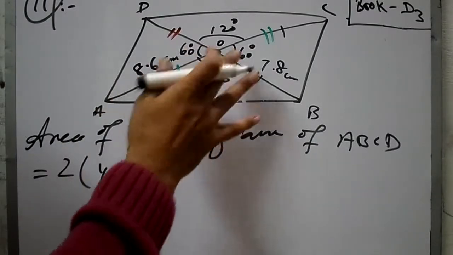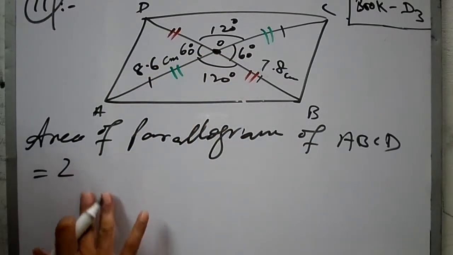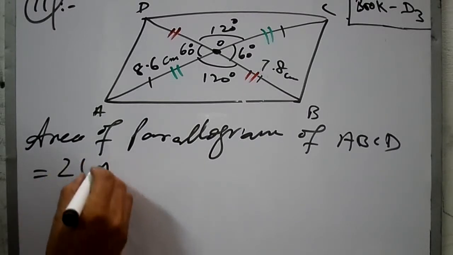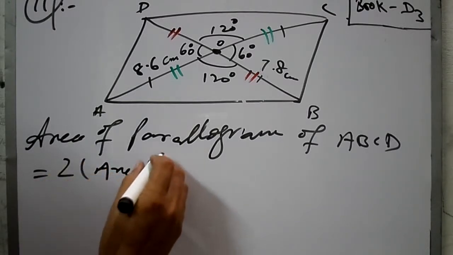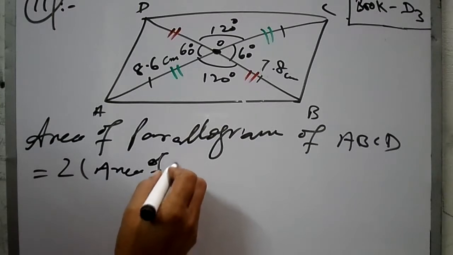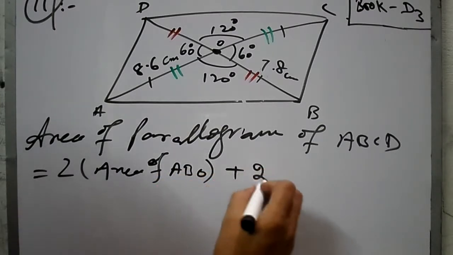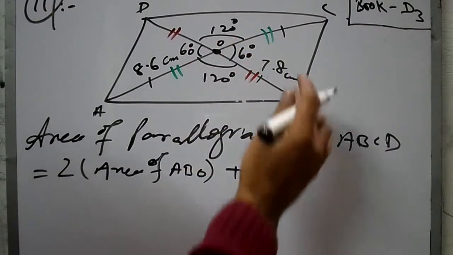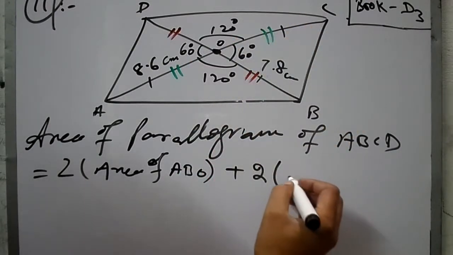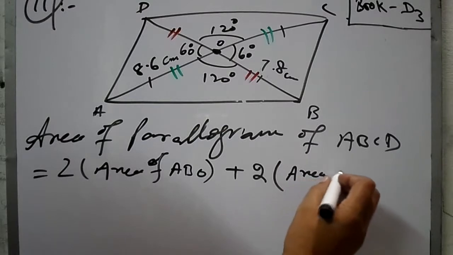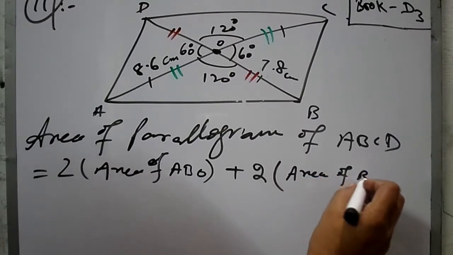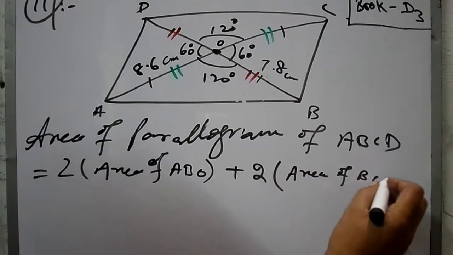To understand in a better way, I have to write here: twice the area of ABO plus twice the area of BCO.